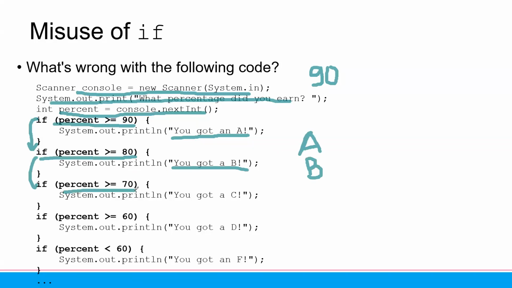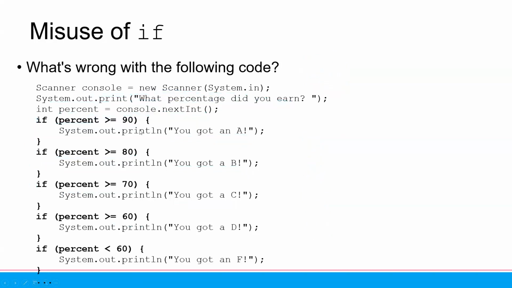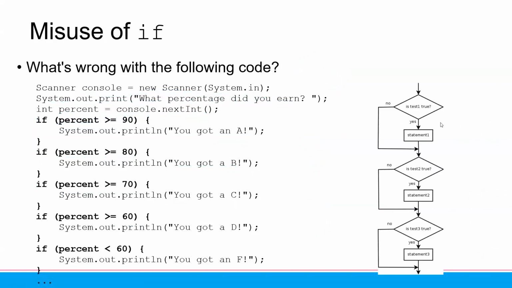If the percent is greater than or equal to 70, you got a C. So you also get C. You will get also D, and finish. Is it correct? No. Because if it is 90, of course you need to have only one grade. Then there's something wrong with this code. The flowchart might also be wrong in this case. So how can we fix it?